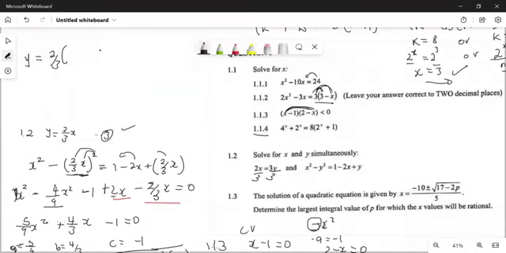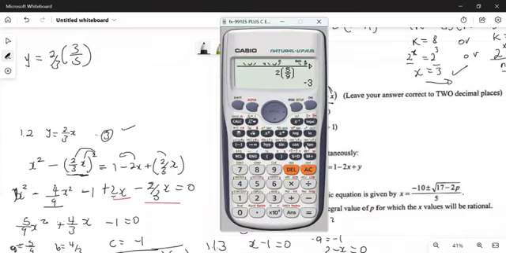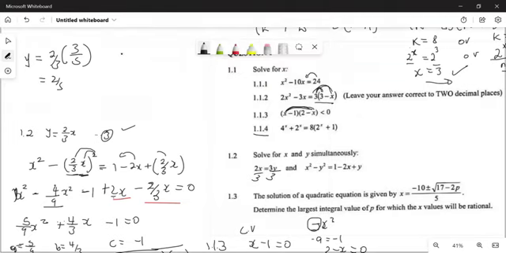In your calculator, 2 all over 3 multiplied by 3 all over 5 gives you 2 all over 5. For the other one, Y is equal to 2 all over 3 multiplied by -3, and for this one you get -2.